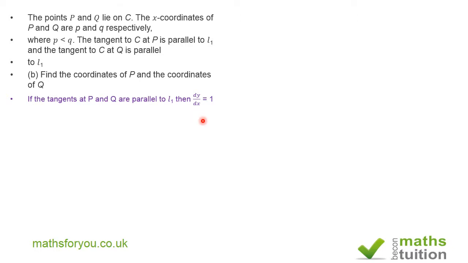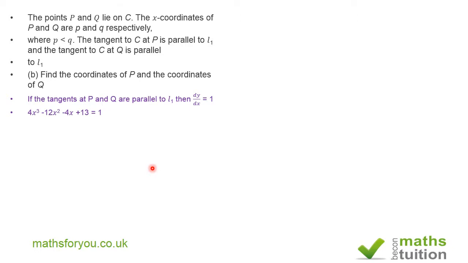And from part A, we found dy dx, which was 4x cubed minus 12x squared minus 4x plus 13. So that was dy dx from part A. So if dy dx is 1, this must also be equal to 1.